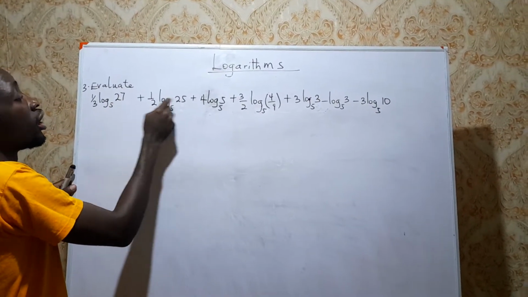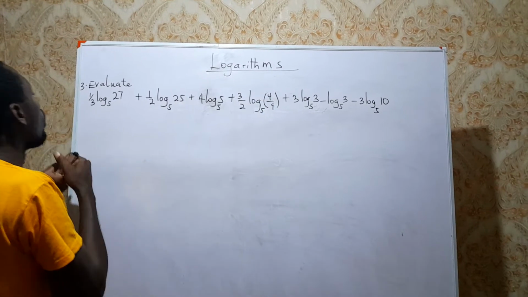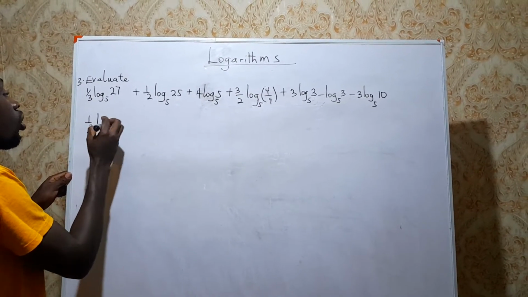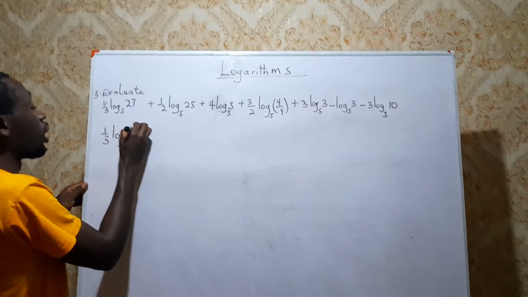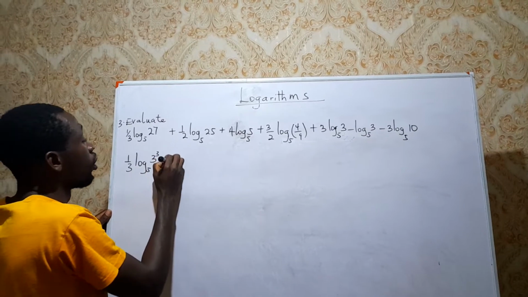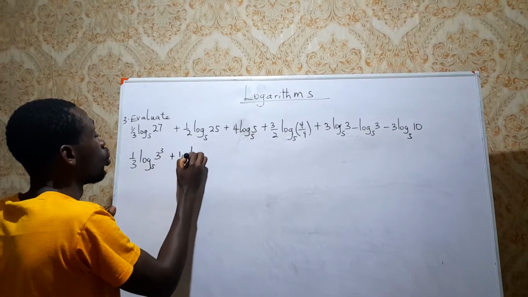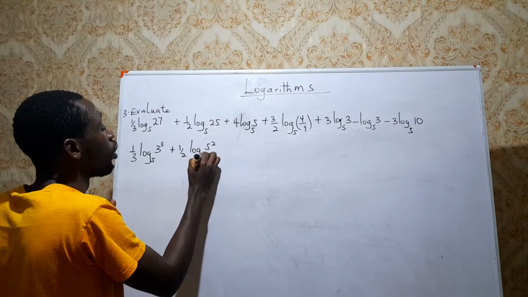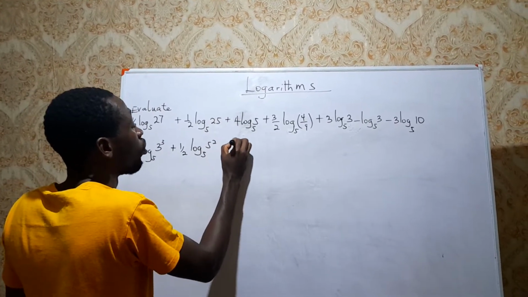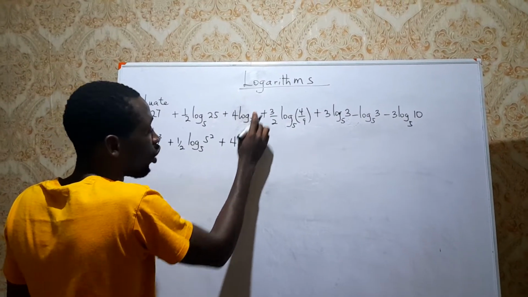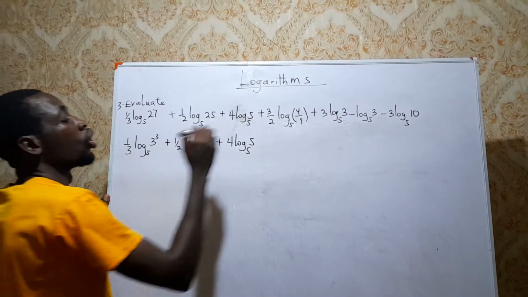So we change this to index forms. So we have 1 over 3 log 3 exponent 3 is 27, so 3 exponent 3 base 5, plus 1 over 2 log 5 exponent 2 is 25 base 5, plus 4 log 5 base 5. Please, I know this is 1, but let's hold on.